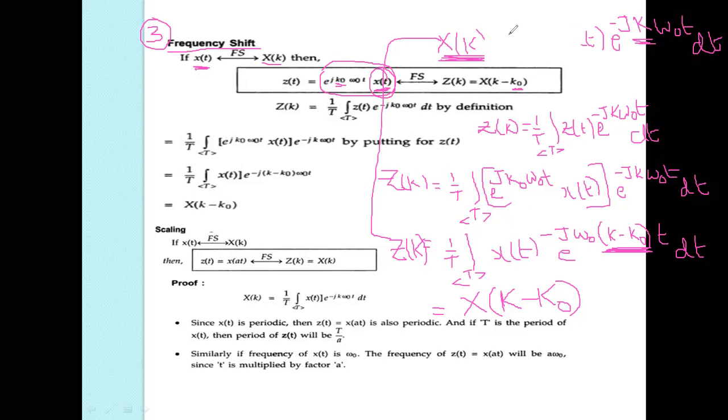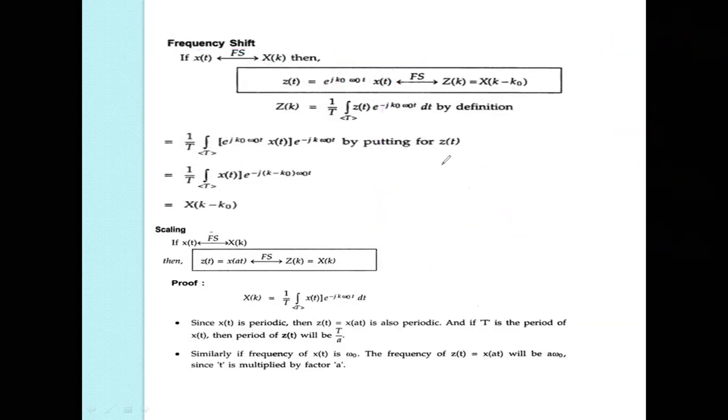Once again, I will explain clearly. You see what I am saying, the time shift. In the time shift property, that is x of t minus t naught, there is a shifting in the time with the t naught samples.